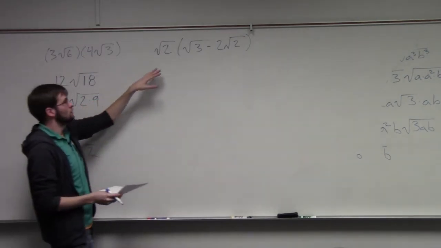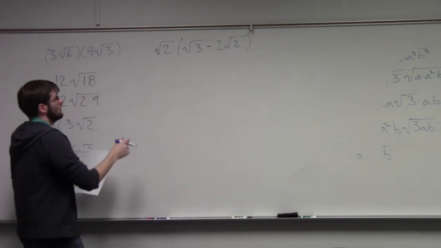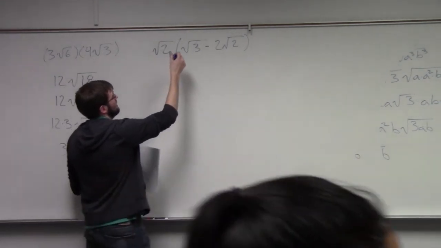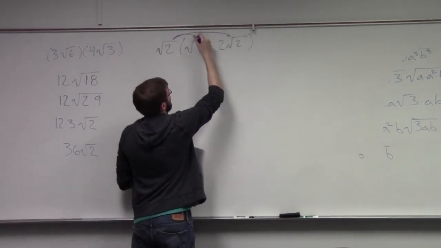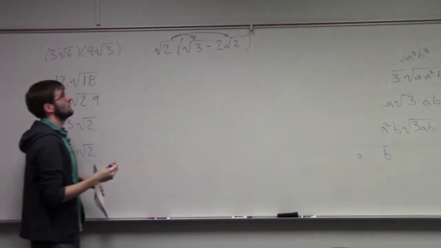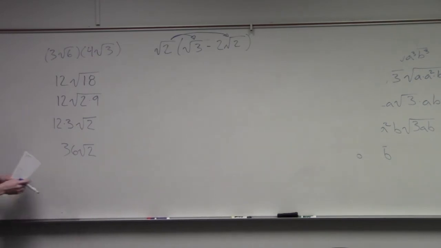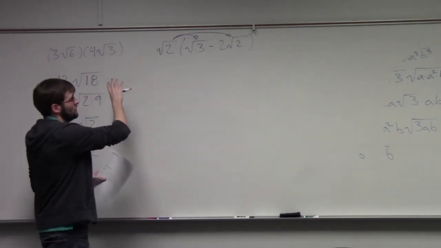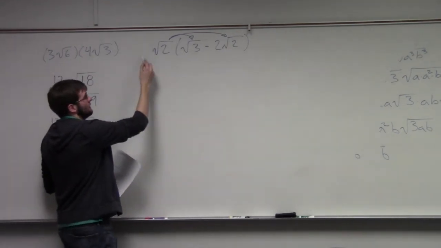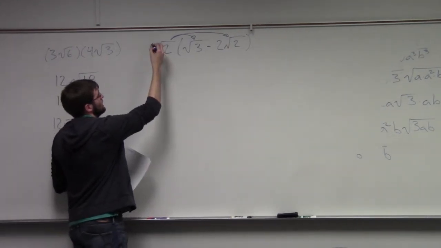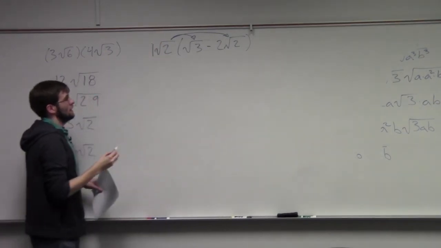Now we're going to use the distributive property. I have this square root of 2 on the outside, and I want to multiply it to everything on the inside. We follow the same rules, inside times inside, outside times outside. What number is on the outside of the square root? A 1. We could write that 1 out there if we wanted to.